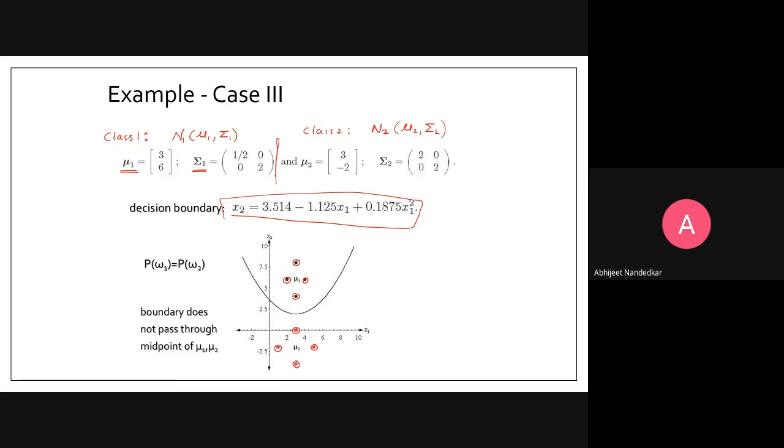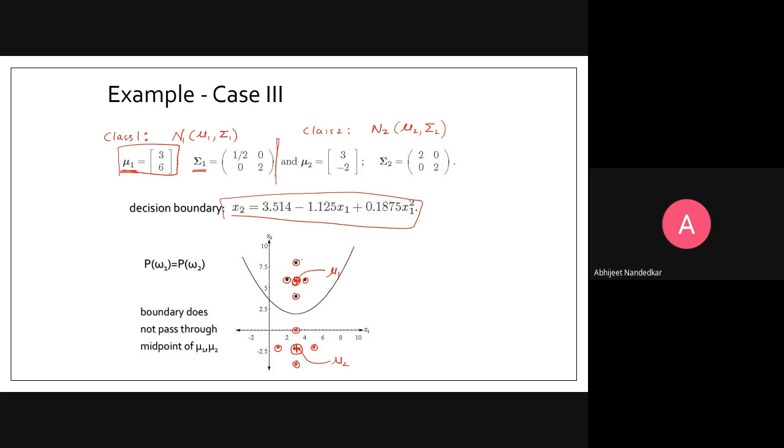If I take these 4 samples and find the mean, the mean will appear somewhere here, right? And the mean of this second group will appear here. So this mean is given to me as mu1 and this mean is given to me as mu2, which is written over here.